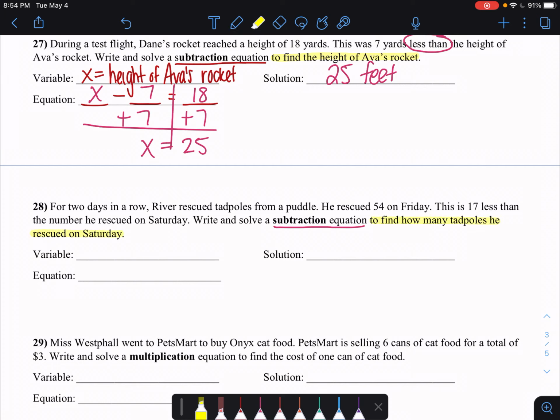So my variable is going to be tadpoles rescued on Saturday. And then my equation is going to be a subtraction equation. So something minus something is equal to something.